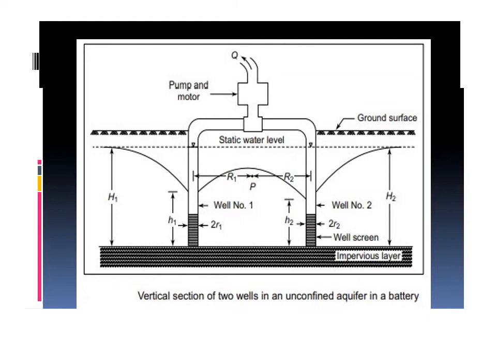It means it comes under the interference phenomenon. That's why the drawdown from each of the wells will become low, and at the top you can see both the wells are connected to a common header pipe through a motor pump and motor with discharge Q. So it shows the battery of well system.